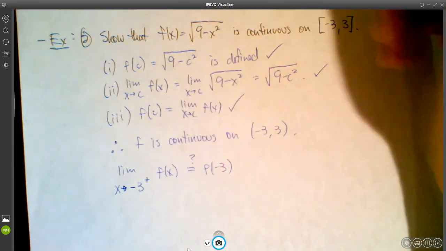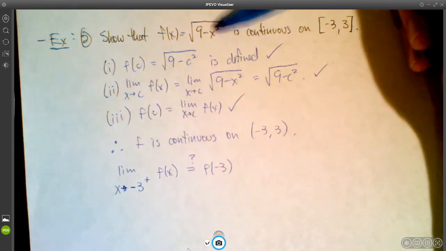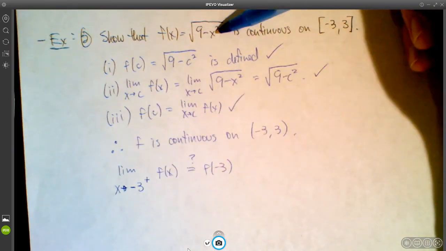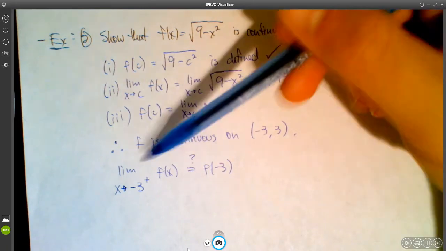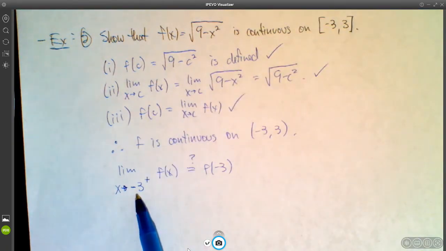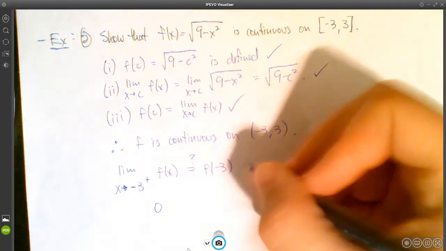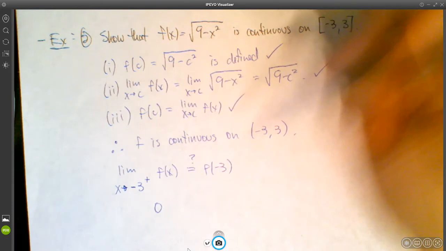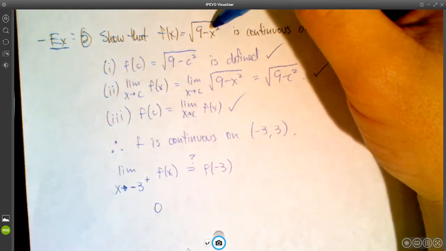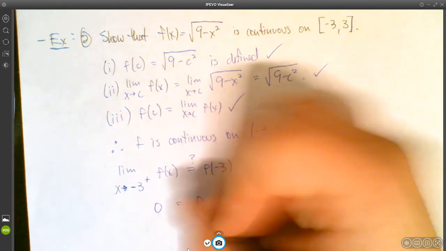It's decreasing. Now, what happens if I were to just directly substitute -3? -3 squared is 9. 9 minus 9 is 0. Square root of 0 is 0. It's perfectly well defined. So yeah, limit as x approaches -3 from the right, I would say, is 0. Meanwhile, f of -3 is what you get when you just directly substitute -3 for x, and you're going to get 0 for that as well.